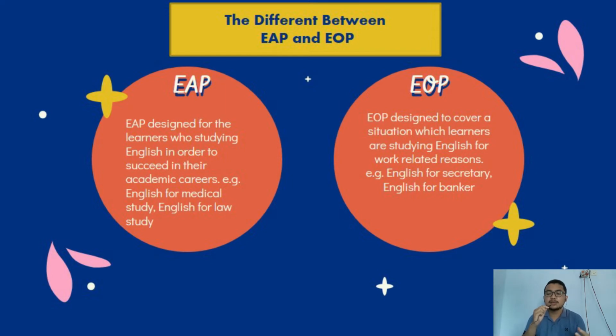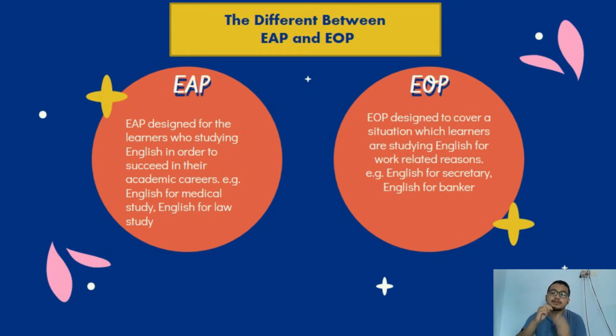And also the banker has to master English because they have to communicate with the customer. So the difference between EAP and EOP is that EAP is more institutional, like in school. For example, in Indonesia, we know that there is vocational high school. However, EOP is more like in English courses. That's the difference.